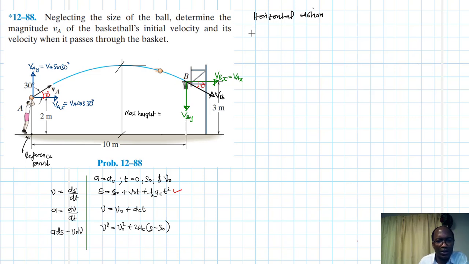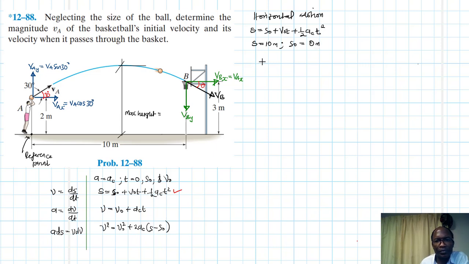So let's write this. We have S equal to S naught plus V naught T plus half acceleration times T squared. We are saying acceleration is constant, but along the horizontal it's going to be equal to 0. S itself, which is the range, is 10. S naught is equal to 0.